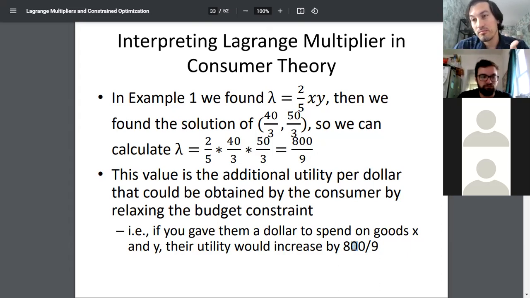What will you do with it? Whatever you want. But this term lambda is a sort of a shadow way of calculating how valuable that dollar is to you. But remember, it has similar interpretations using other problems, but I'm really only giving you, for this class, the interpretation in consumer theory.